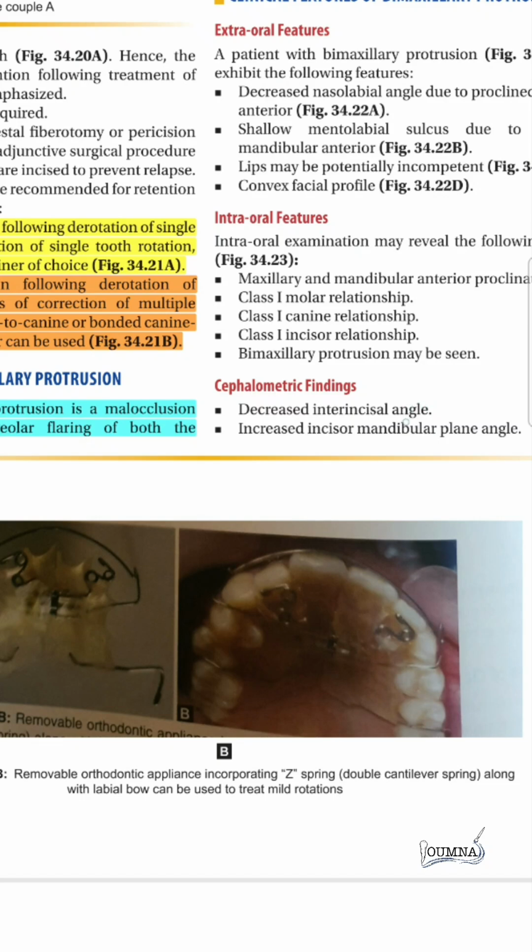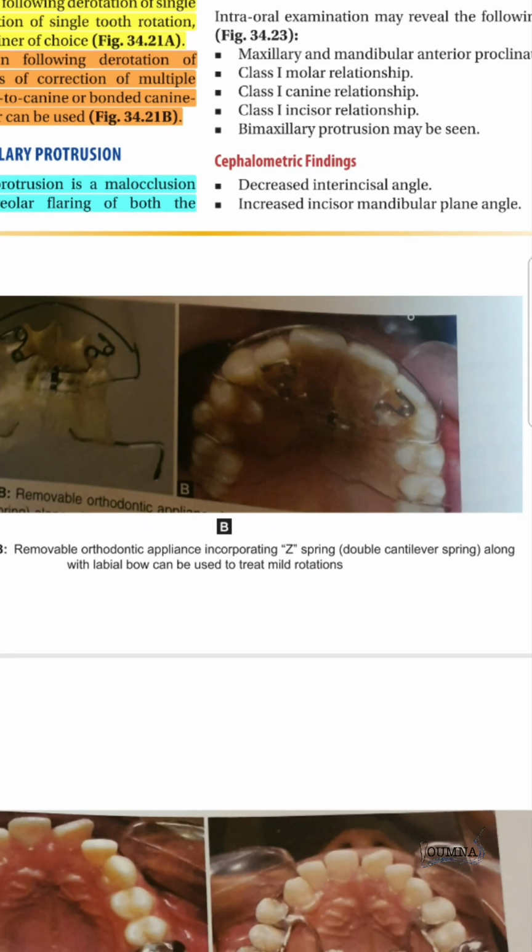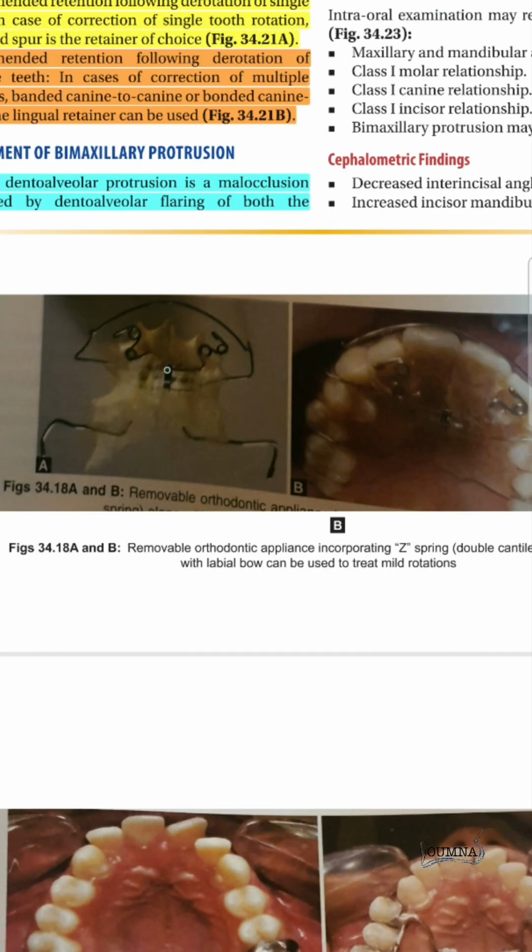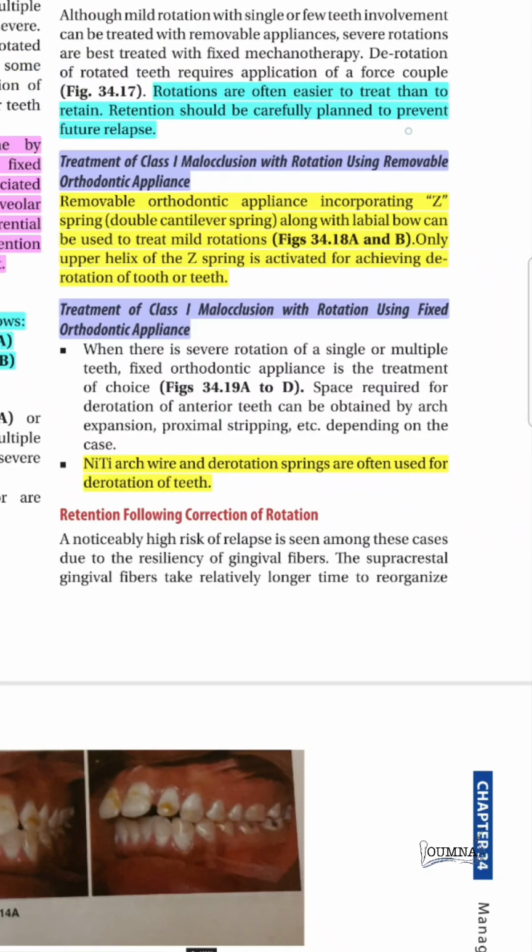And now for the treatment of rotation, we can use the Z spring and activate the upper helix only to get the rotation effect. Also, we can add an expansion screw in the middle with the labial bow for retention.